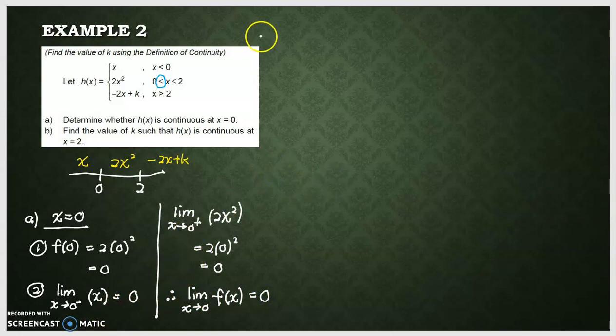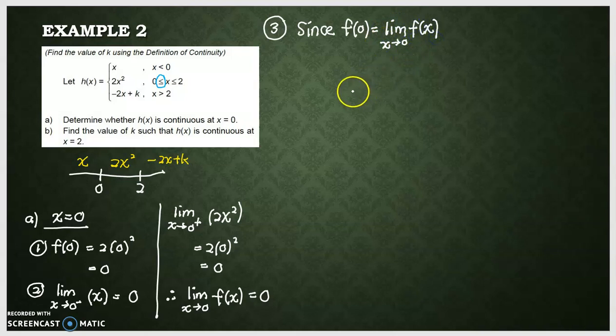So in the third condition, f(0), where the value is 0, is equal to the limit as x approaches 0 of the function. So we compare the first condition and second condition, since they are equal. It is not f(x) but h(x).